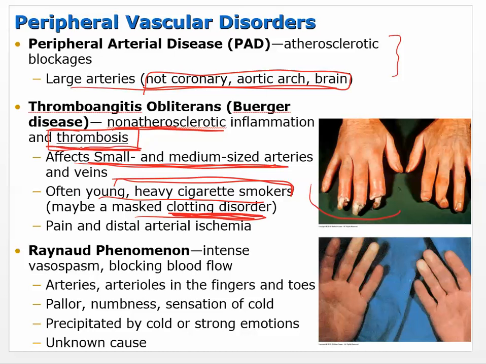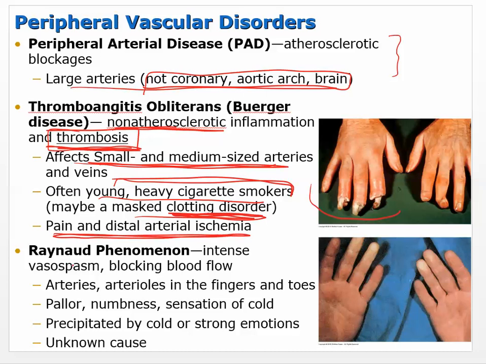So it's the formation of clots, but what's actually causing it and the mechanism, we don't really know. We just know what it is. So pain, distal arterial ischemia. That means that you've got blockage and you're going to feel pain from it.